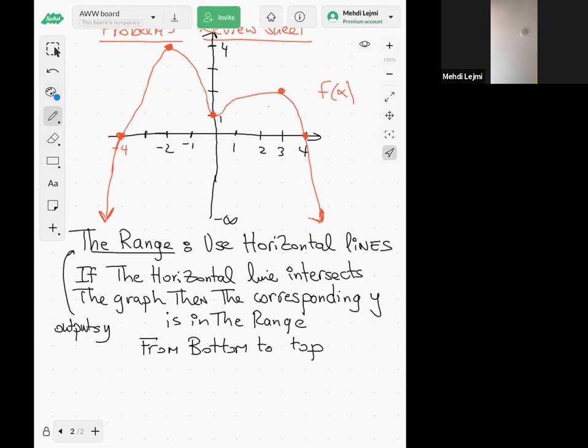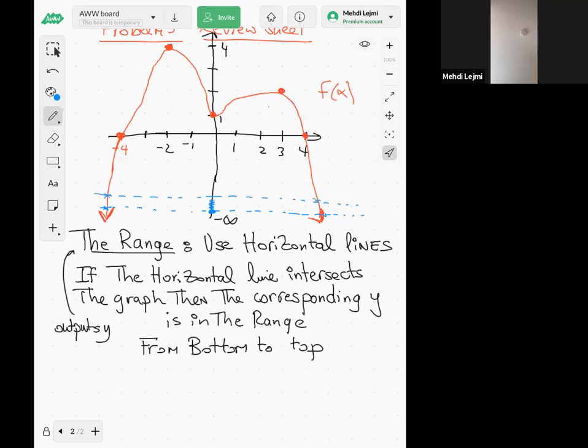You start from the bottom at negative infinity. Remember, guys, the arrows mean that the graph doesn't stop. It continues. So here at negative infinity, you're going to have an intersection. You start from negative infinity, then you go up, and of course you're going to have intersection.